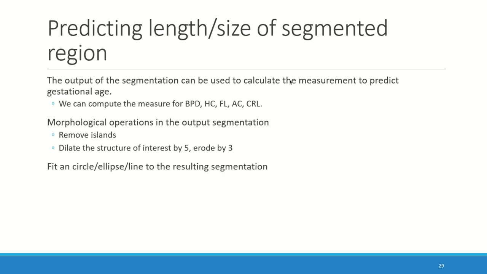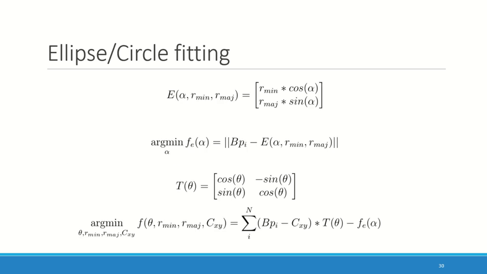Now once we have detected our region of interest, we proceed to measure it. The output of the segmentation we can use for measurement and prediction of gestational age, because we can basically fit a circle, or ellipse, or a line to the resulting segmentation, and then we can use these to produce our measurement.